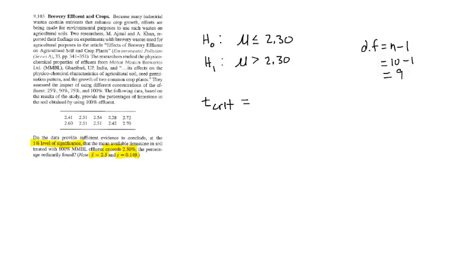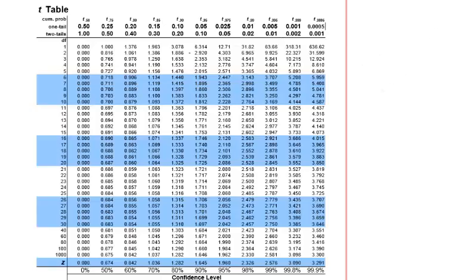So now we go to our t-chart, and we have 1% significant, and we're one-tailed. So one-tailed over to 1%, and now we're going to go down to 9. So we have 2.821.